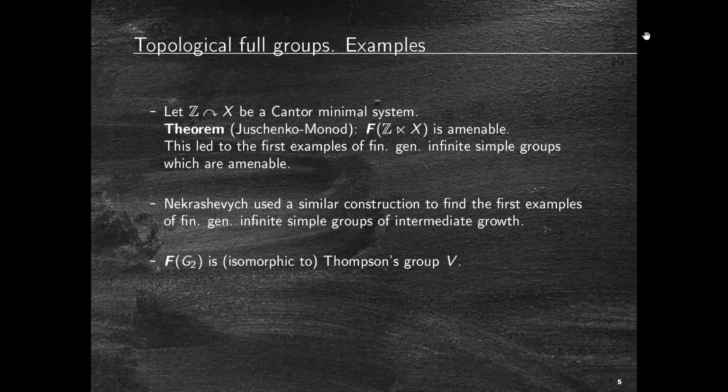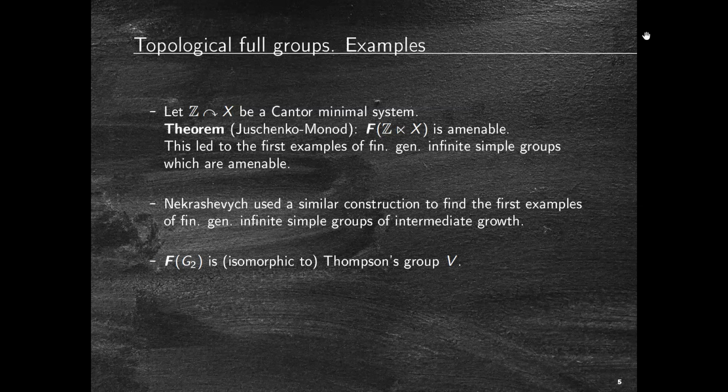But if you look at this classical groupoid G2 for the full shift on 2 symbols and form the full group in our sense, what you get is another famous group that has been studied for quite some time, and that's Thompson's group V. That's a particular group which was originally introduced as a certain group of bijections of the unit interval which are piecewise affine.